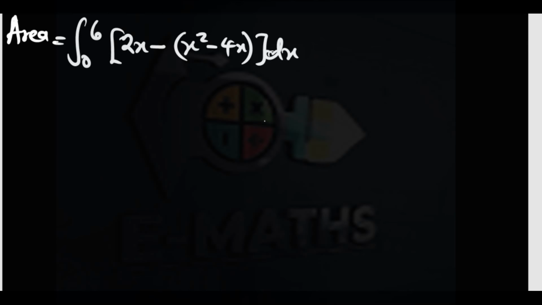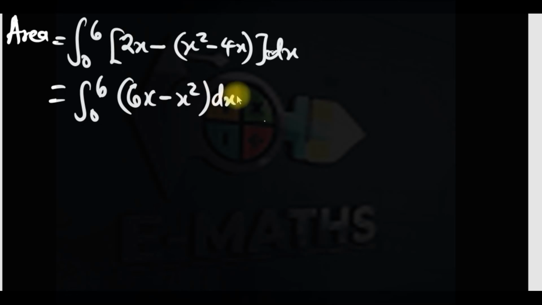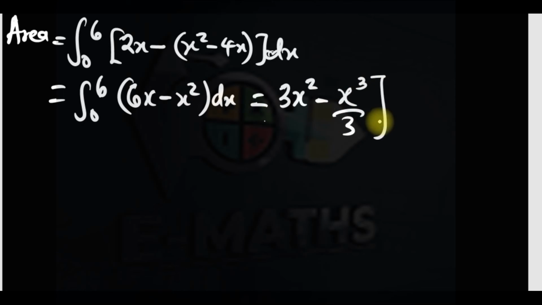So which is now the integral from 0 to 6 of 2x, this is 6x minus x squared, dx. So we integrate. If you integrate 6x, it is 6x squared over 2, which is 3x squared, minus, if you integrate x squared, that's 2 plus 1 is 3, so x cubed over 3, from 0 to 6.